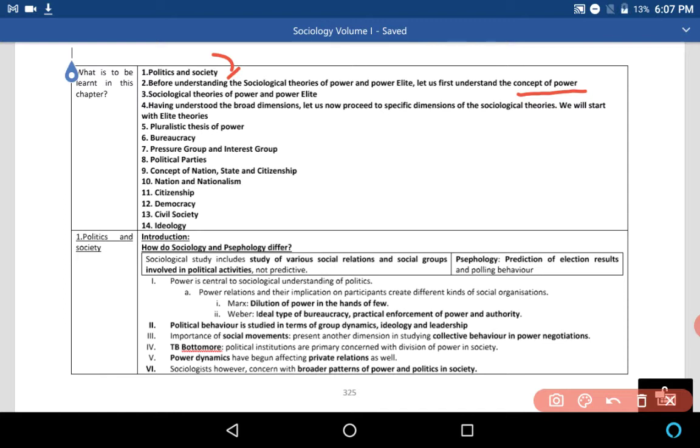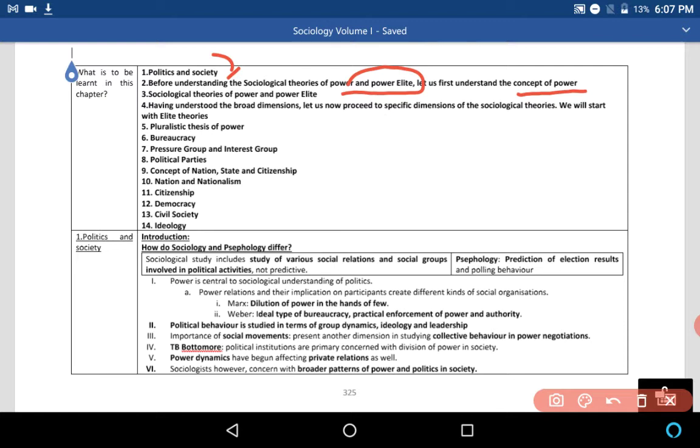Now, there are different sociological theories on what power is, and one of them is the theory of power elite. When I discuss these topics, there will be almost 42 years of solved papers. I'll include the questions first and then teach you the topics.